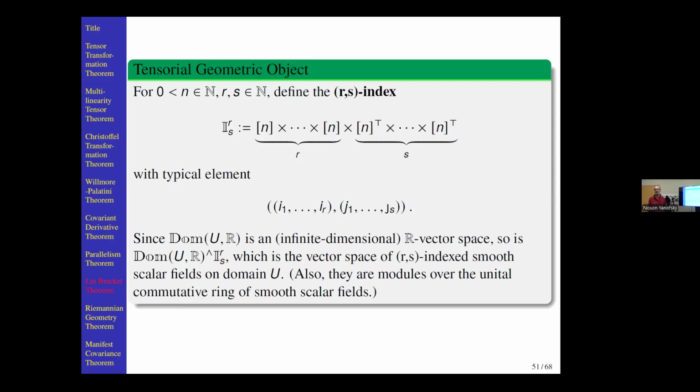If a scalar field has zero values, you can't do that. But at least you have a module, which is a generalization of a vector space. And all of that is built into this concept of tensorial geometric object.